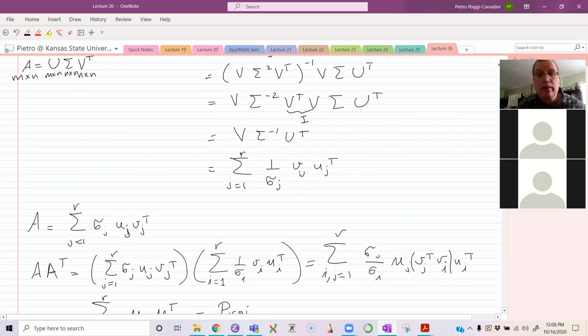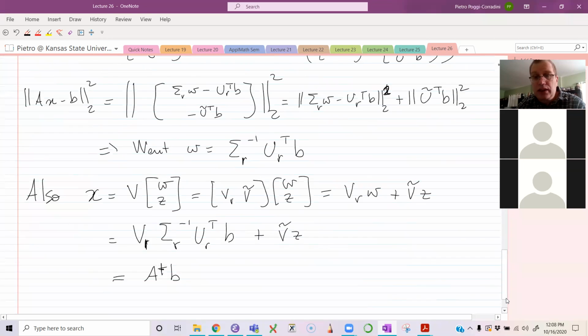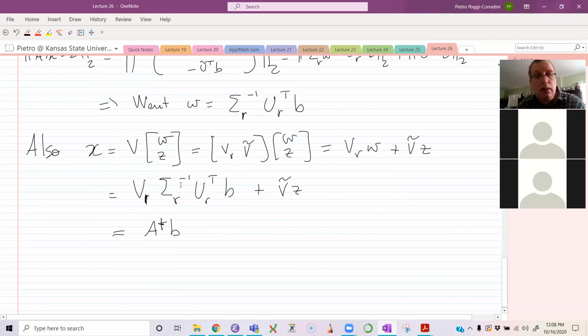You take the v_j's from 1 to R, the u_j's from 1 to R, and the 1 over sigma_j's. That's exactly this expression. So that's A plus b. And then V tilde Z, this is in the kernel.